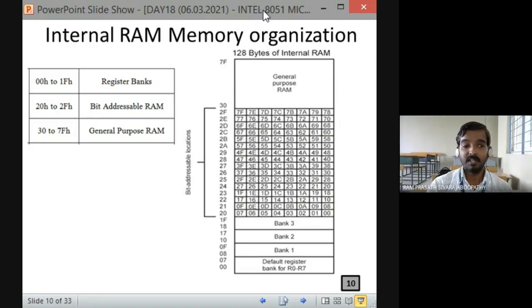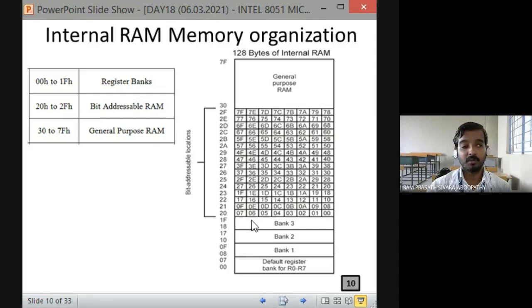Fine. In this way, the Intel 8051 internal RAM memory is organized. Is it clear to all of you? Total 128 bytes are there. Three areas are divided: register bank area, bit addressable RAM area, general purpose RAM area.